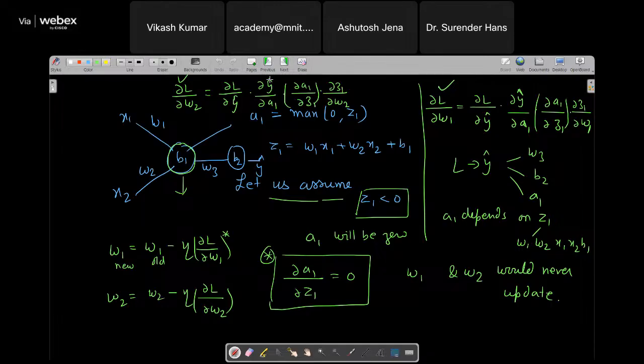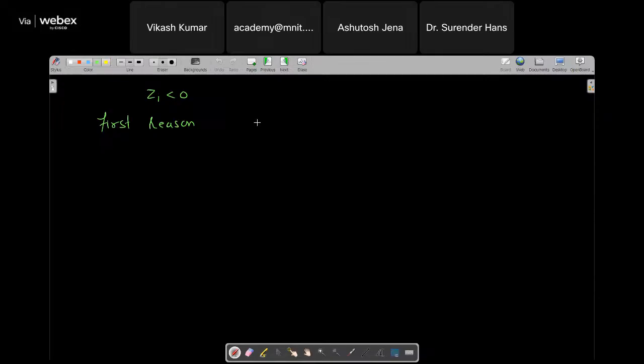Correct? So now the point is, the first reason is that maybe the learning rate, this eta, is very high. Okay, so W1 is equal to W1 minus eta dou L by dou W1. If the learning rate is very high, then this update will become very high, due to this eta. So now W1 new, compared to the old one, will be negative.